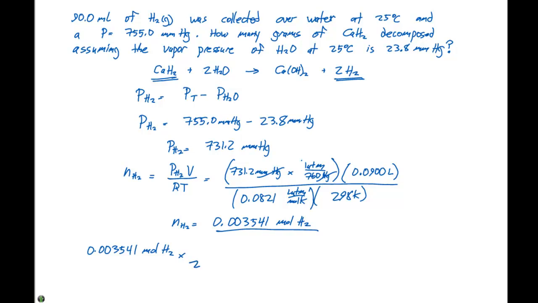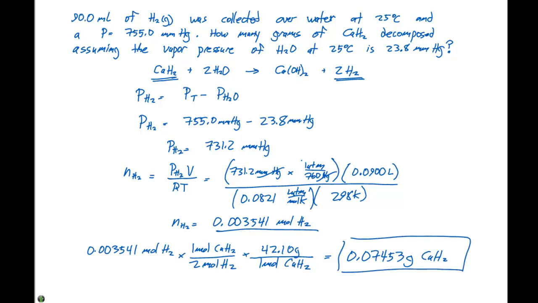From the balanced chemical equation, there are 2 moles of H2 for every 1 mole of CaH2, and for every 1 mole of CaH2, from the periodic table, we can get 42.10 grams. This is going to give us a value of 0.07453 grams of CaH2. And this will be the amount that decomposed when we obtained this particular amount of hydrogen.